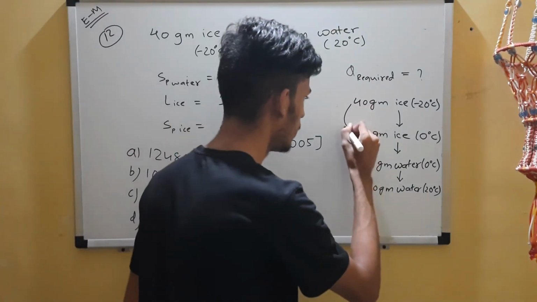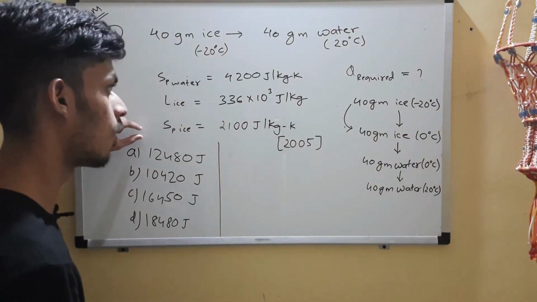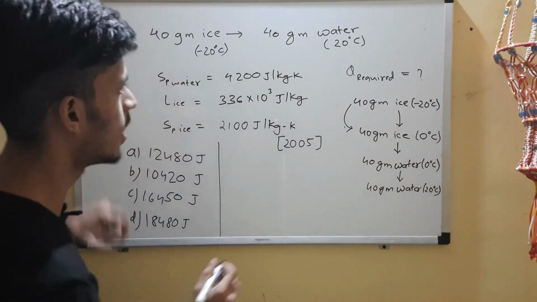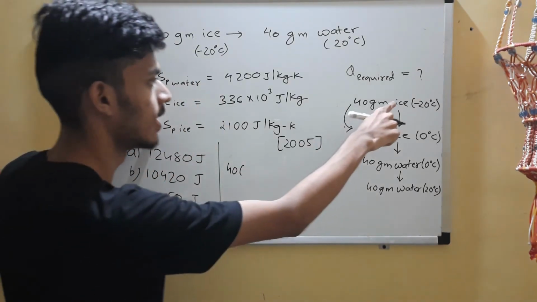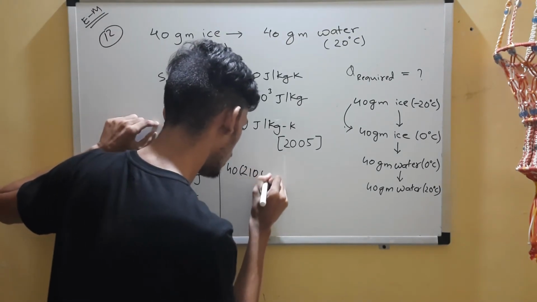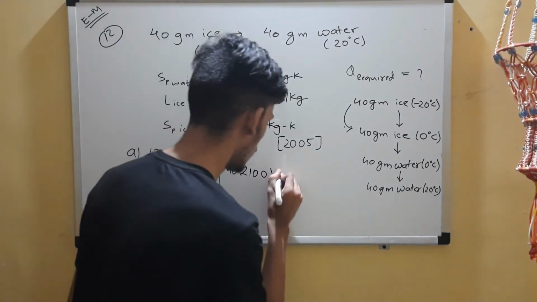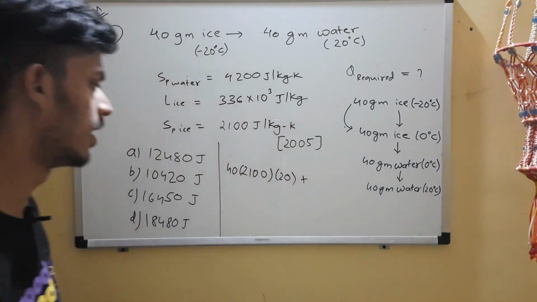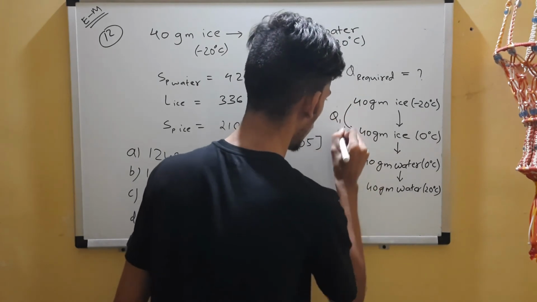For step 1, the heat required will be m, specific heat of ice, into delta T. Delta T is 20. The mass m is 40, and s for ice, since ice is under consideration, will be 2100, and delta T is 20. Now remember that this is 40 grams, and it's not in kgs. Now step 2, this is step 1, Q1, Q2.